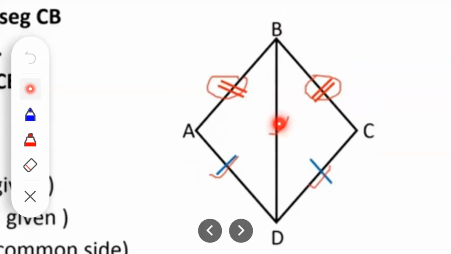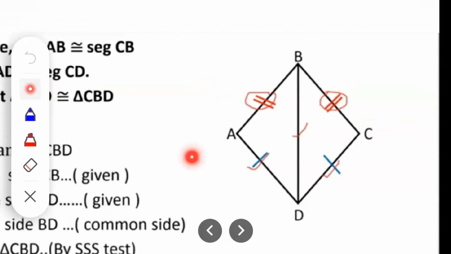Segment BD is congruent to segment BD as common side. You can write here. So by SSS test, both the triangles are congruent to each other.